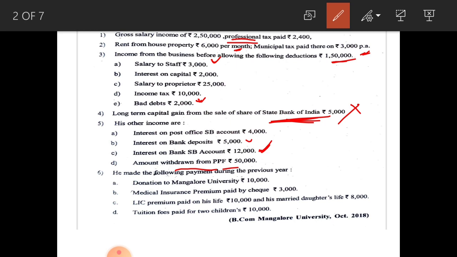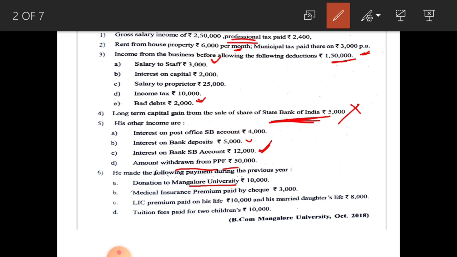First one, donation to Mangalore University 10,000 rupees. Remember this one, donation to any university is deductible under section 80G without limit, 100%. Donation to any university, remember this one. Because of that reason, donation to Mangalore University is deductible under section 80G without limit, 100%.